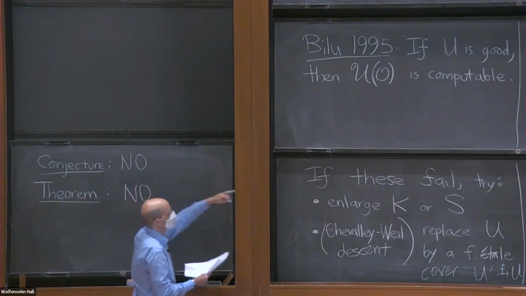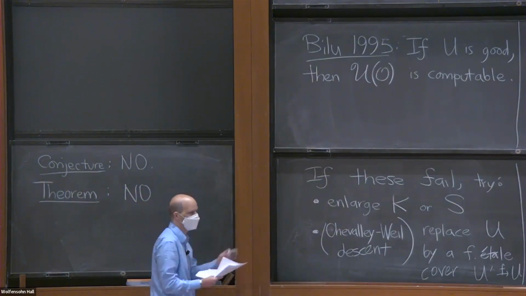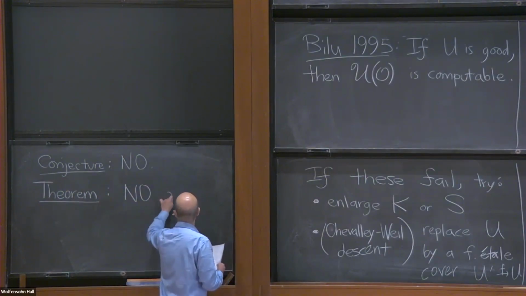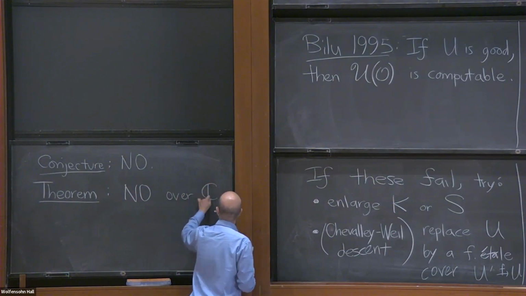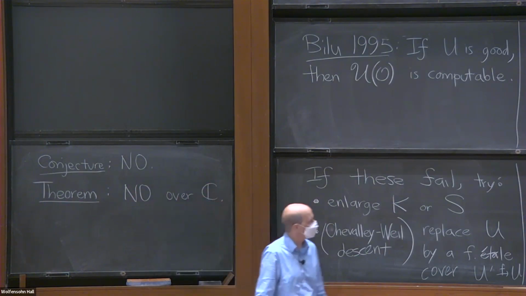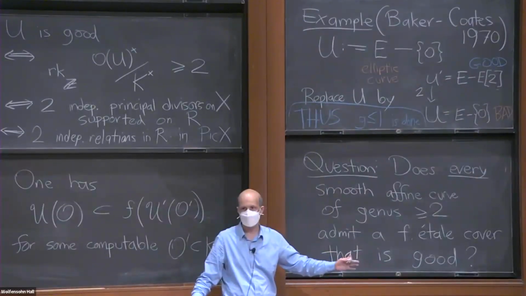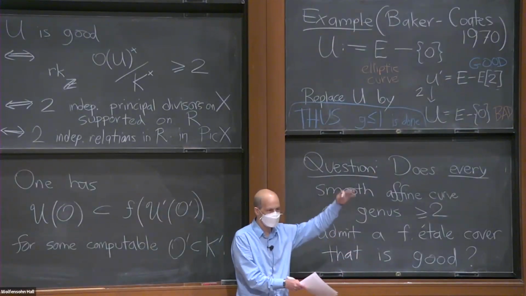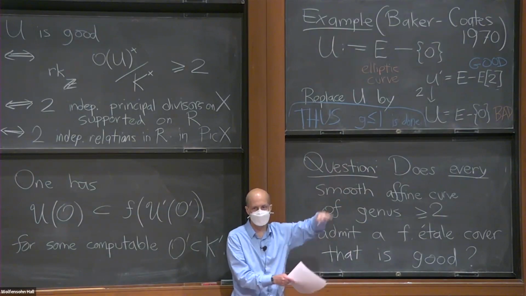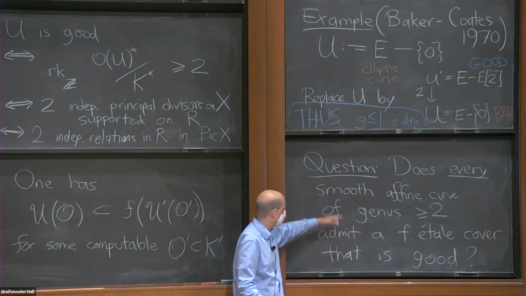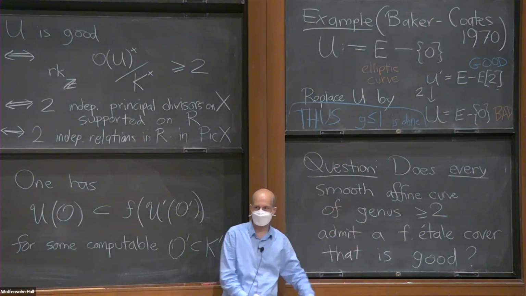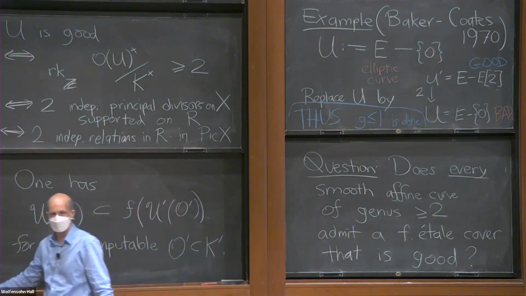If you take that question, but you replace Q bar by the complex numbers, then the answer is no. So there's not going to be a generic construction that works for all genus 2 curves, like a particular construction of a degree 72 cover that universally works, because then it would work over the complex numbers as well.